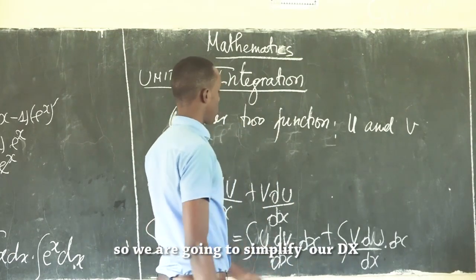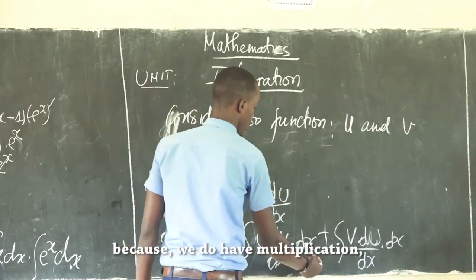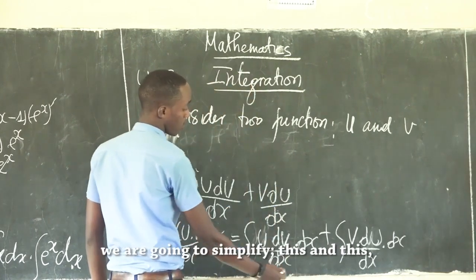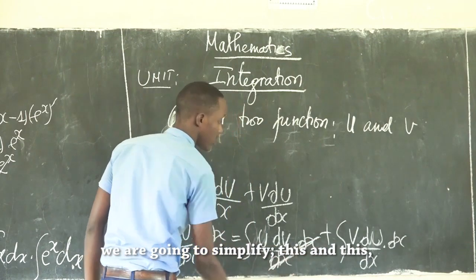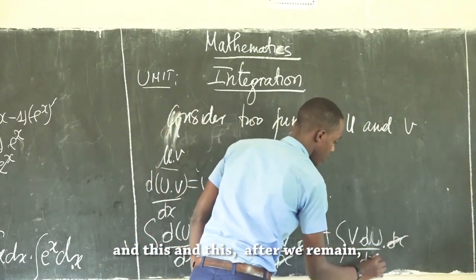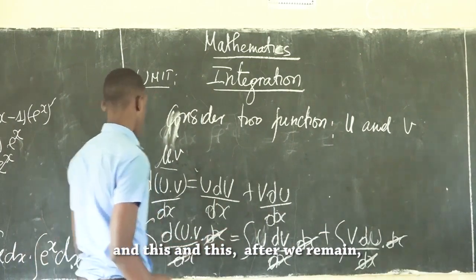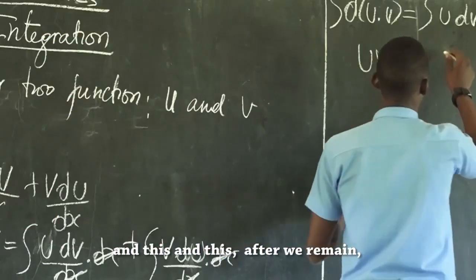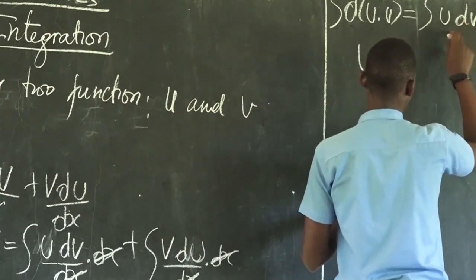So we are going to simplify our dx because we have a multiplication. We simplify this and this, this and this. After that, we remain with this, and we are going to find the integral of this.